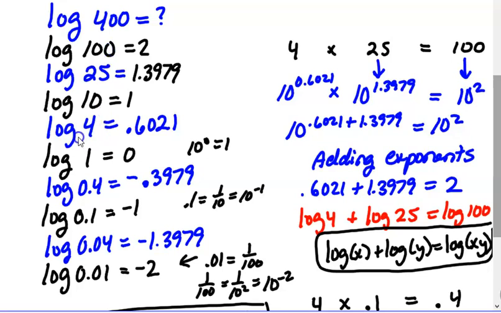So I could say 10 to the 0.6021, that's 4, times 10 to the second, which is 100, and I'd add those exponents. So what I end up with is, hey, I can just turn that question mark into 2.6021. I would add those exponents there. So there are some interesting things about logs for you to ponder.